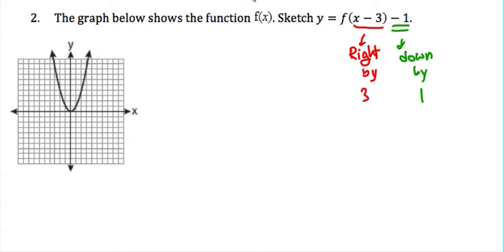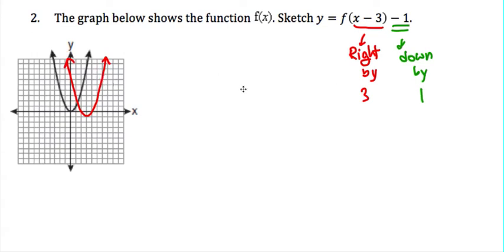So if I were to copy the original graph, this one now has to move to the right by 3 units. 1, 2, 3 units, and we have to go down by 1 unit.